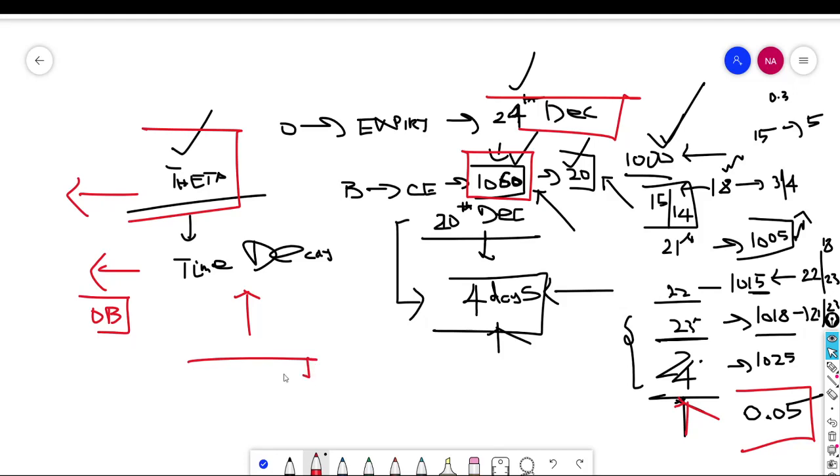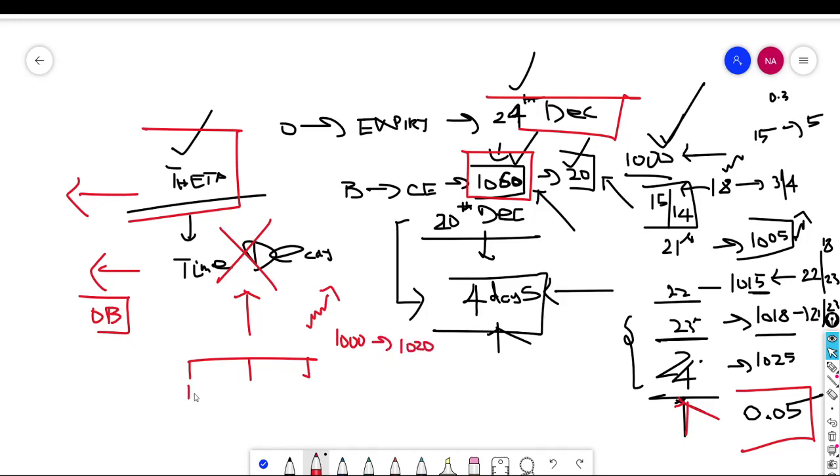That is why I always say choose your strike price as near as possible. There is a good chance, I will not say 100%, that time decay will not be a problem. Even if your guess is correct and your prediction is correct, say you predict the stock price to move from 1000 to 1020.